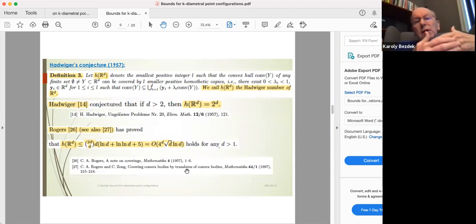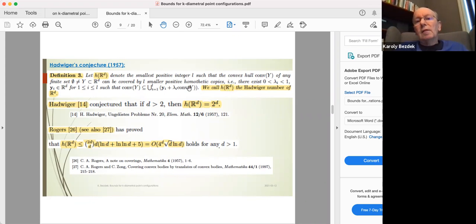The other conjecture that I want to recall here is due to Hadwiger. It's by nature similar to Borsuk's covering problem. In this case, what we want, say we have a finite point set, we take the convex hull of that set, and we want to cover that convex hull by smaller homothetic copies using not too many smaller homothetic copies. So in this way, we can introduce the Hadwiger number of R^d.